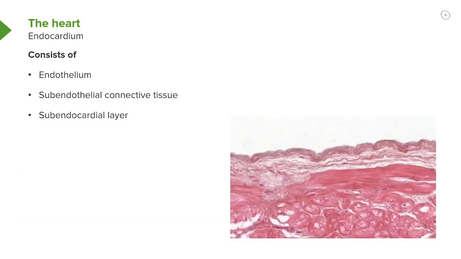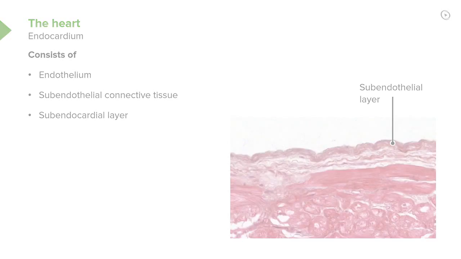So have a look at the epithelium of the heart lining here, endothelium. And it consists of a squamous epithelial cell lining, as I mentioned before, and that squamous epithelium sits on a subendothelial layer of connective tissue. It's a very thin layer of supporting connective tissue, similar to a lamina propria in other organ systems.